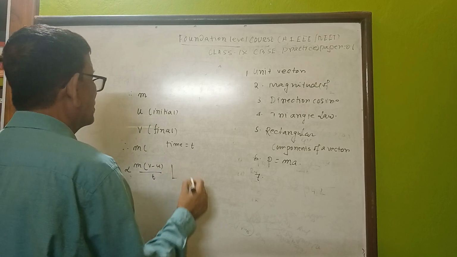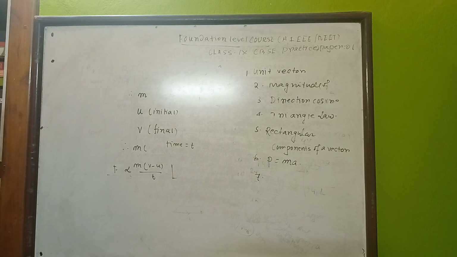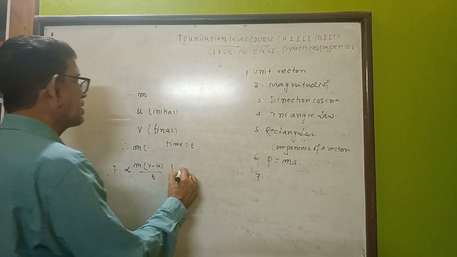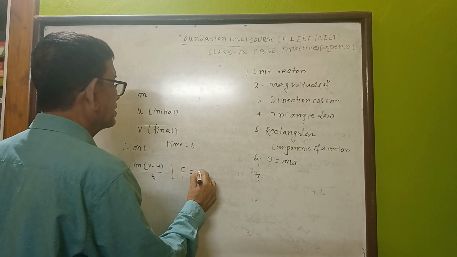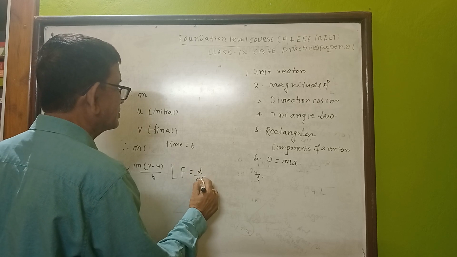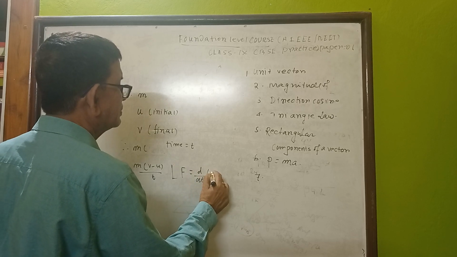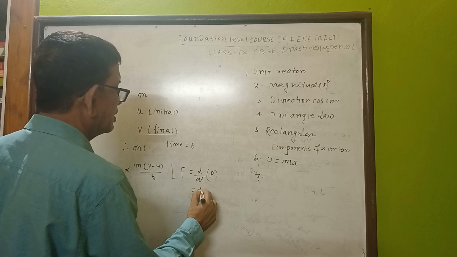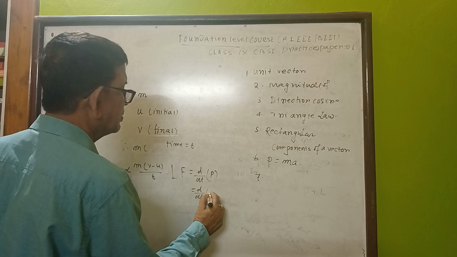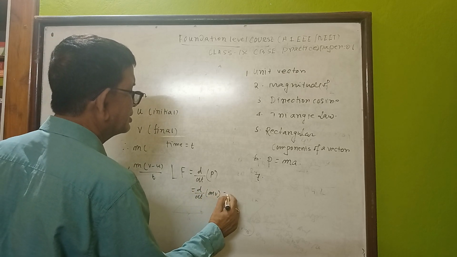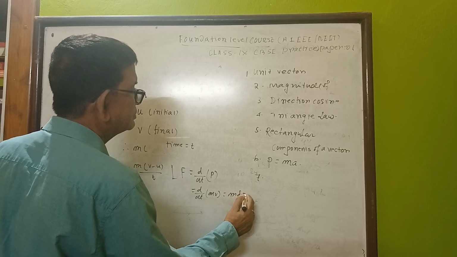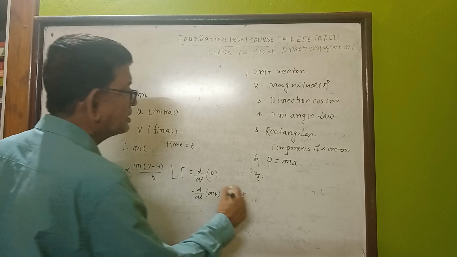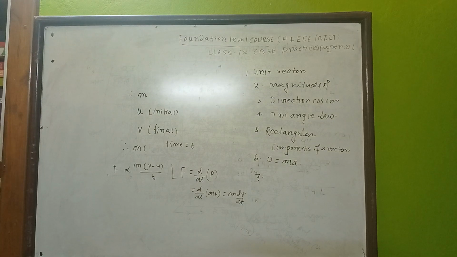In some books, when momentum is variable, you can write force equal to the first order derivative of p equal to mv with respect to time. Mass is constant, so m dv by dt. Now dv by dt gives us the acceleration. I shall teach you later on.